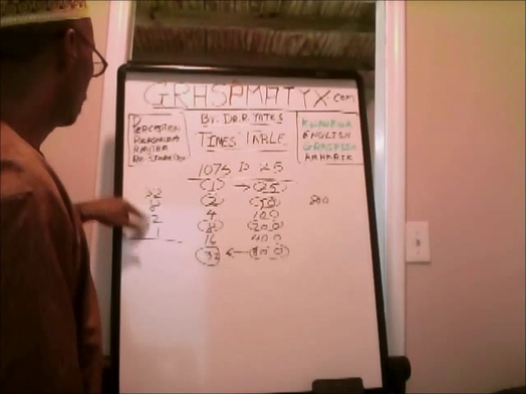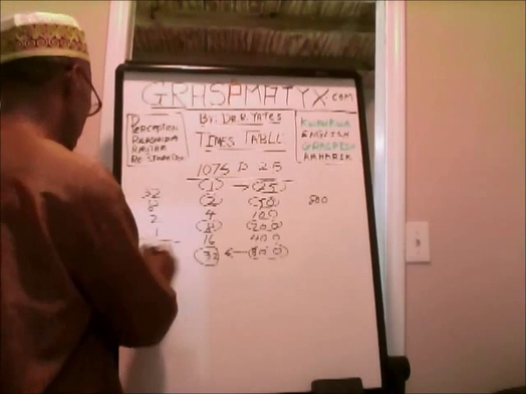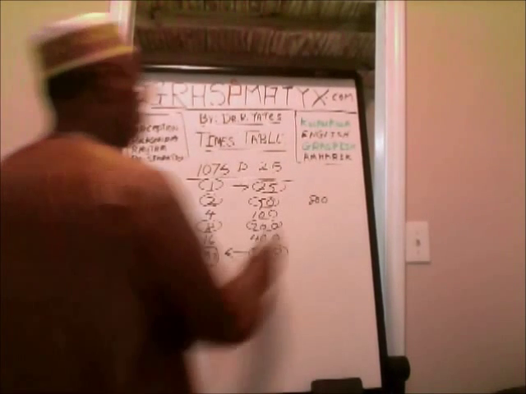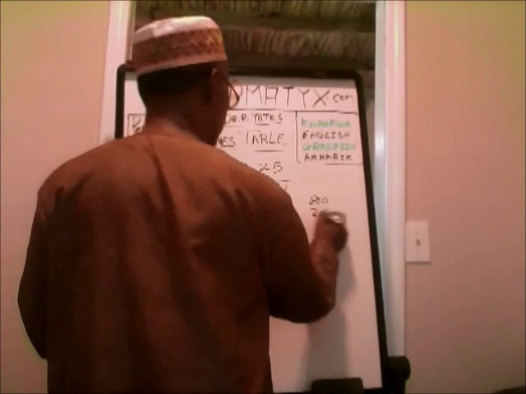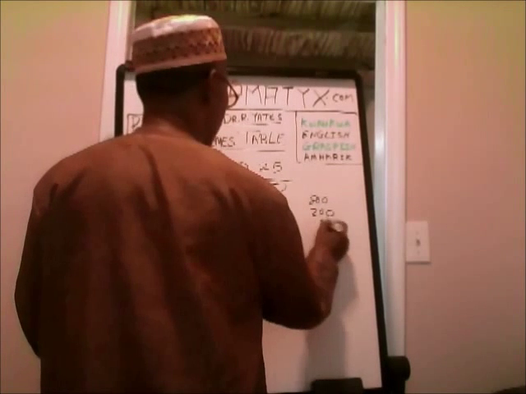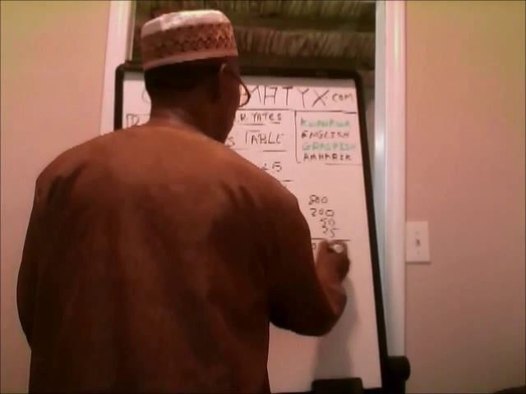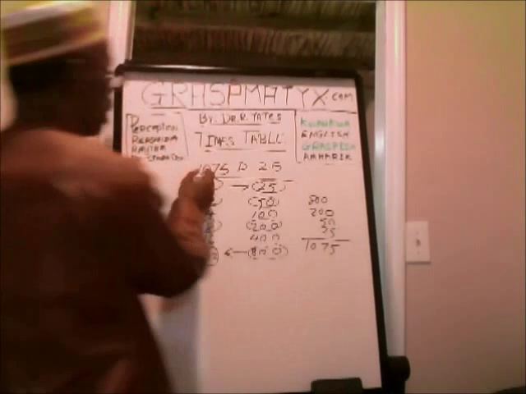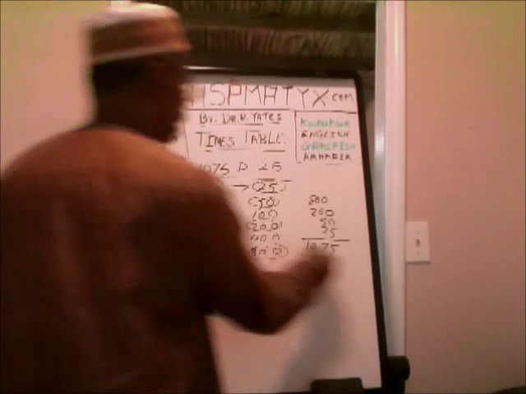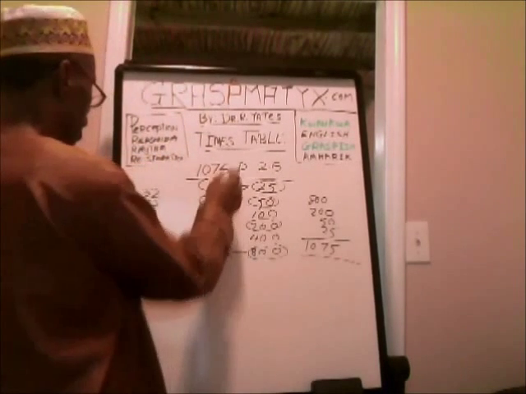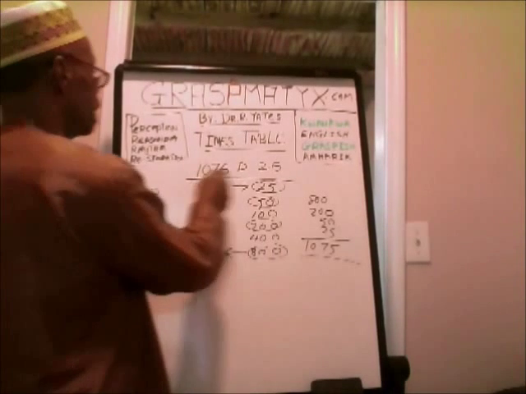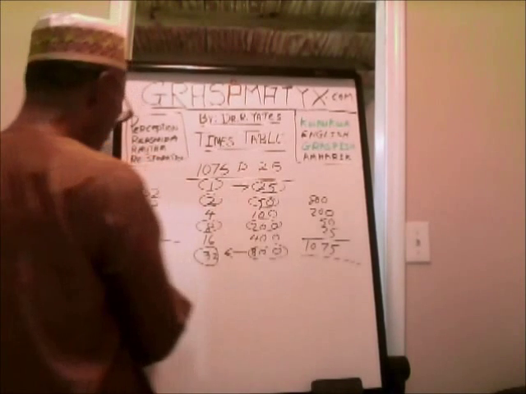I'm sorry, 40 plus 3, 43. That's what that would give me. It'll give me 43 here. Over here, it'll give me the 8 plus the 2 plus the 50 plus the 25. When you add that up, you will get 1075. See the same number here. You get the same number here, but this would be this divided by that will give me this.